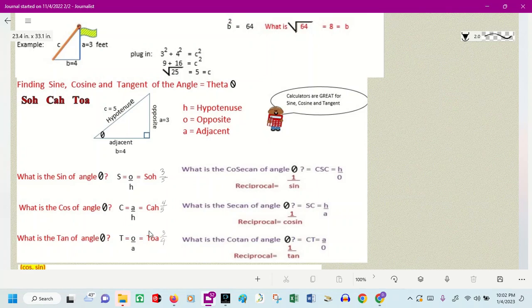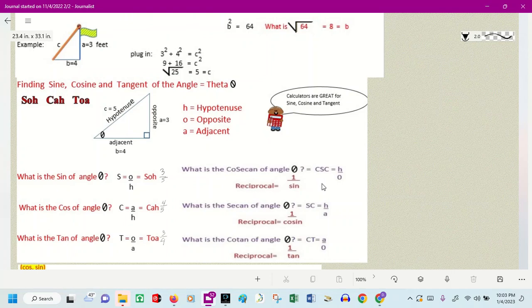So with that being said, you're also going to be asked to find the cosecant, secant, and cotangent of the same angle, because it is just that simple. You plug in what you see. A cosecant is the opposite of sine, represented by 1 over sine, which means it's the reciprocal. Reciprocal, we learn, means flip it upside down.